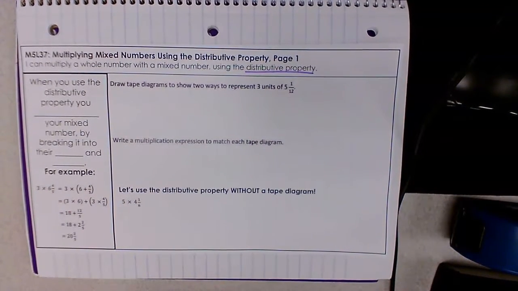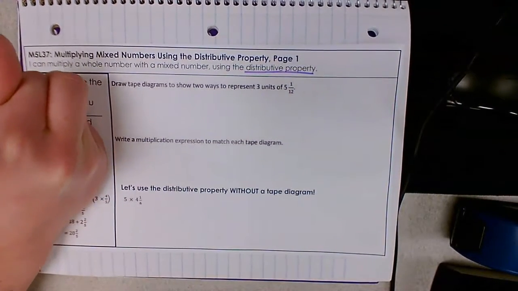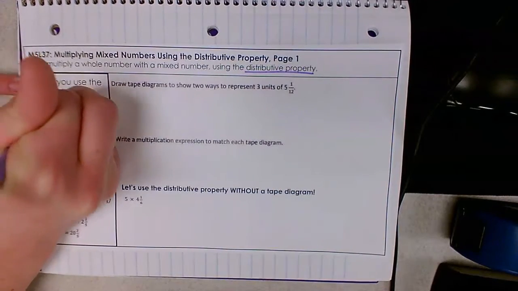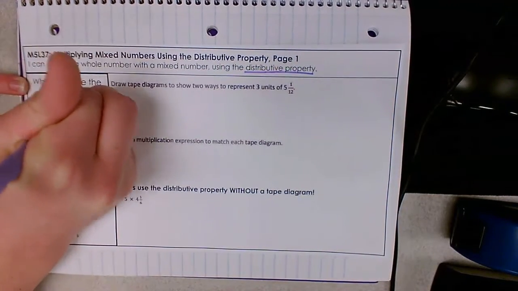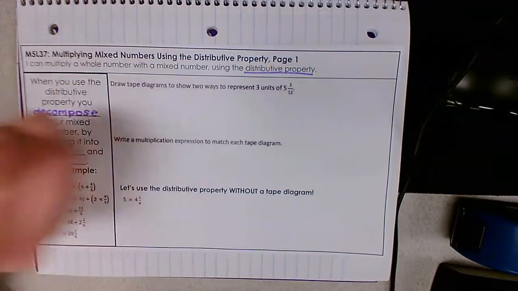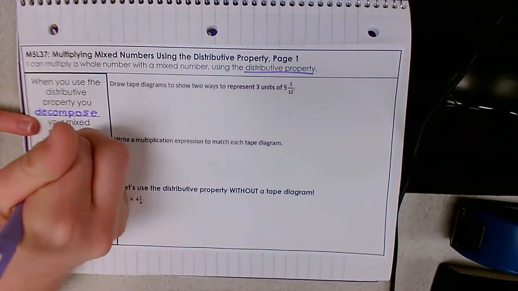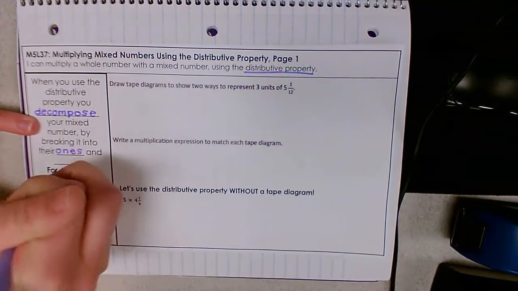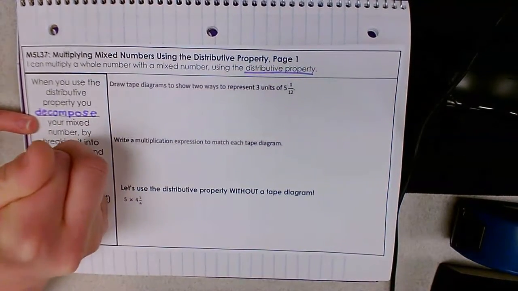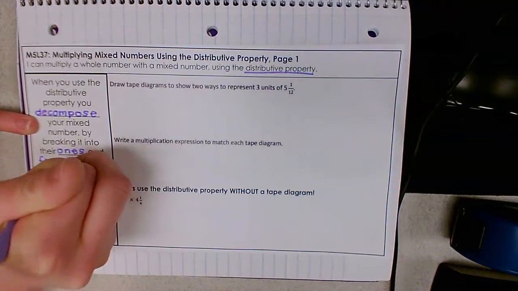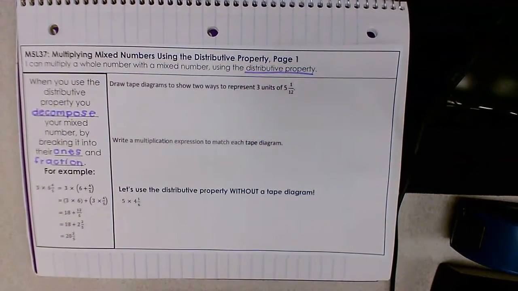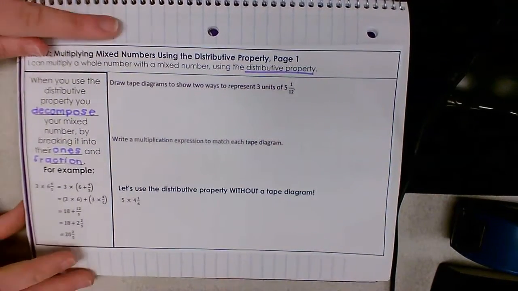When you use the distributive property, what you're doing is that you're breaking down or decomposing, so I'm going to write the word decompose in my definition, your mixed number by breaking it into their ones, that whole number, and fraction. So what does that look like? Let's see an example down below.